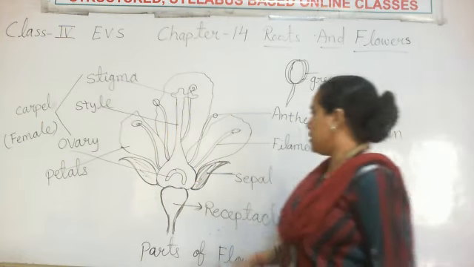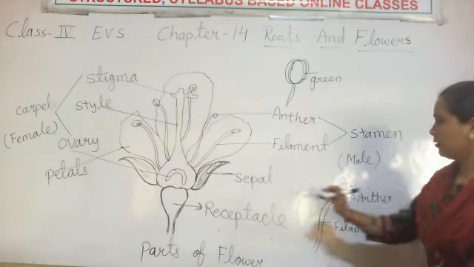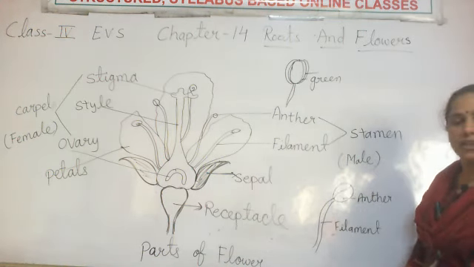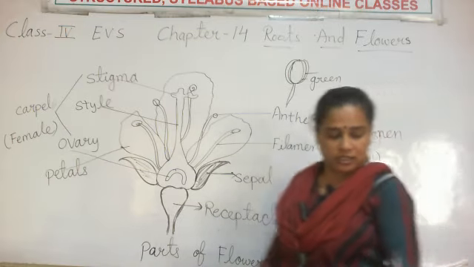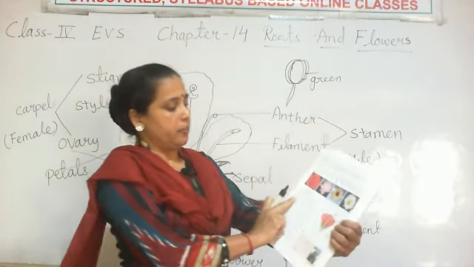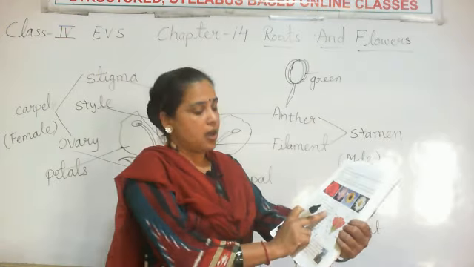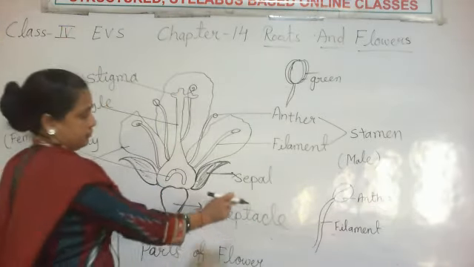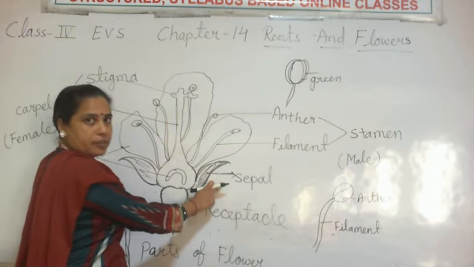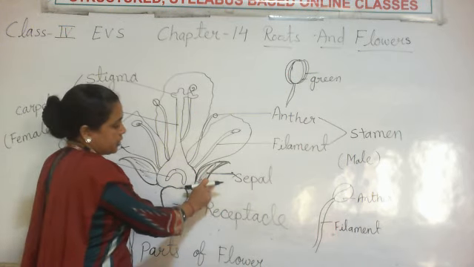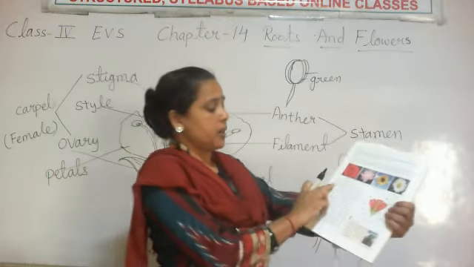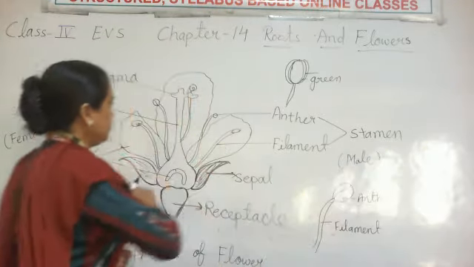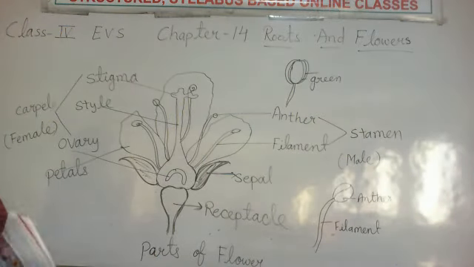Now after that, these are the most important parts, and names are also given here. See the second line. The main parts of a flower are sepals. Clear? This part, sepal, and what is the color of the sepal? Green. Next part, petals. Now come to petals. Okay? Petals.